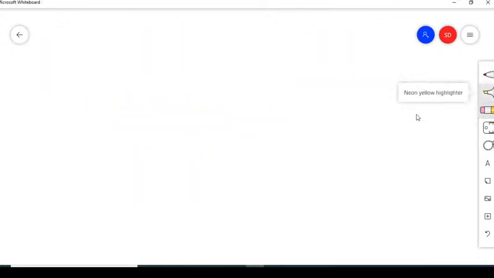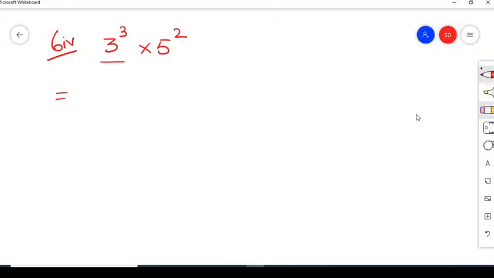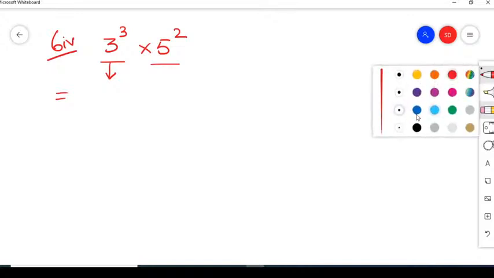And the last sum, 6 part 4, 3 cube into 5 square. So now there are two powers, one for the 3 and one for the 2. So we'll do them separately.